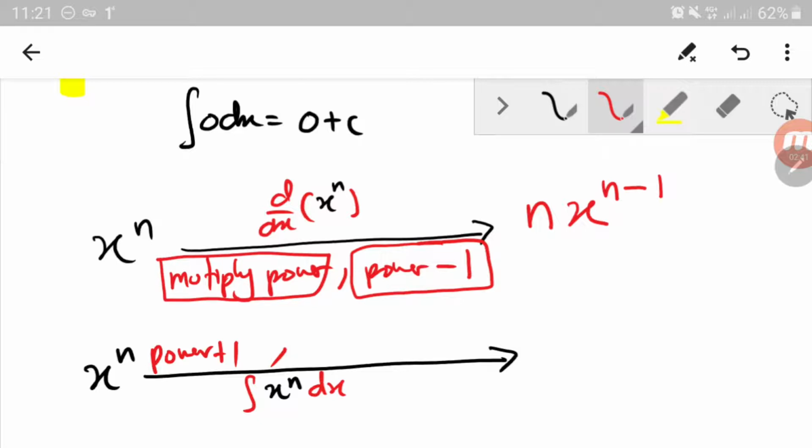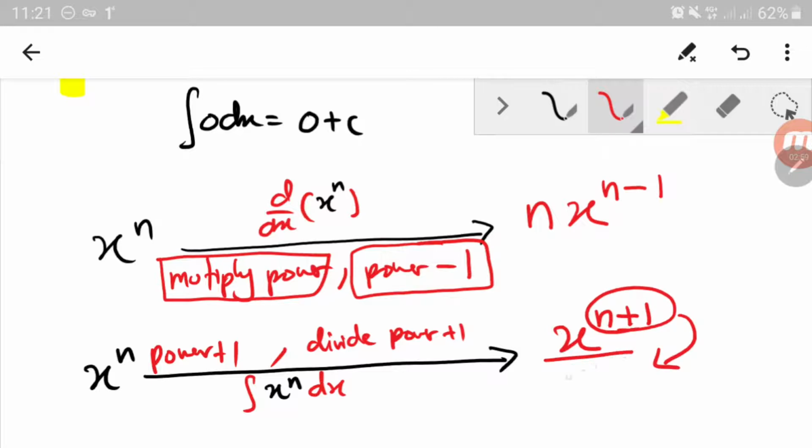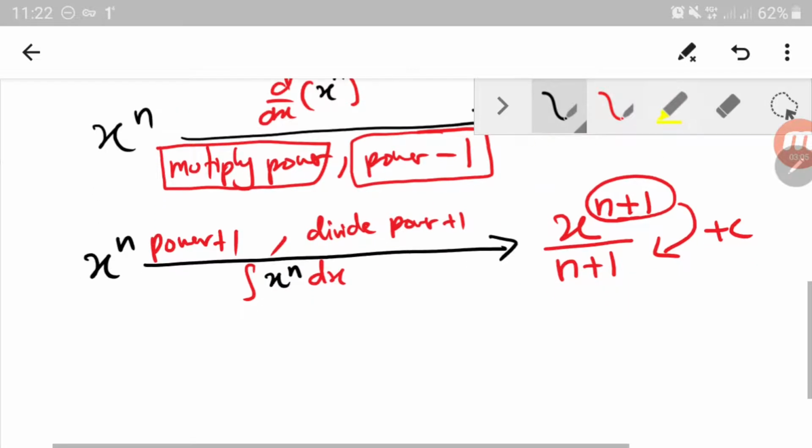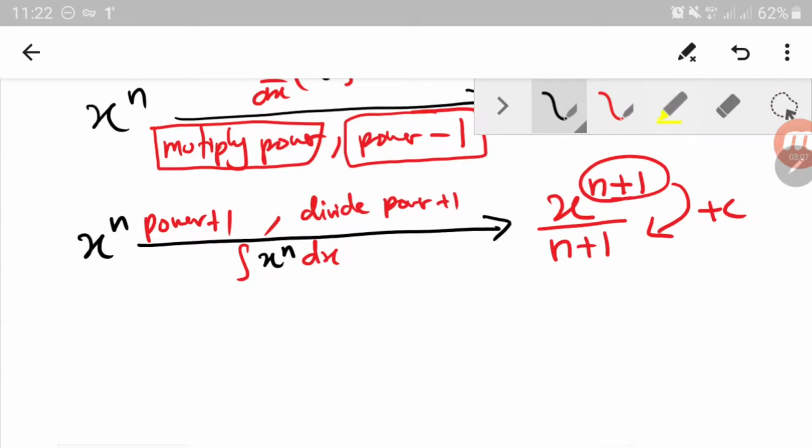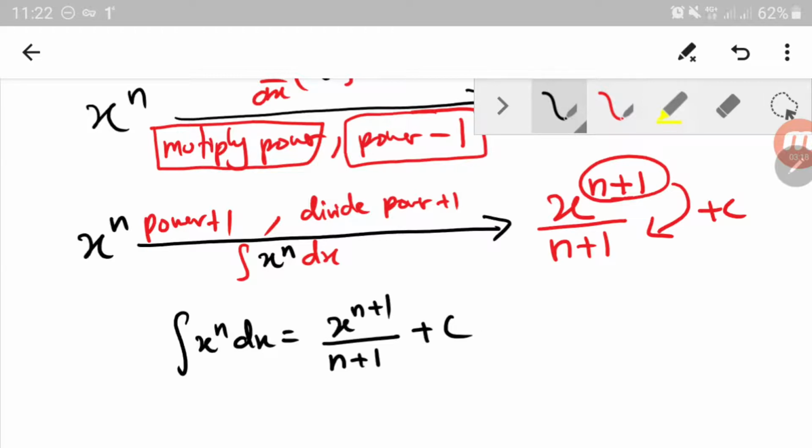Multiply the power; for this one, not multiply, we divide by the power plus 1. So what happens is x^(n+1), and then we divide by n plus 1. Don't forget plus c. So from this process, we know integration of x^n with respect to x is x^(n+1) over n plus 1, plus c.